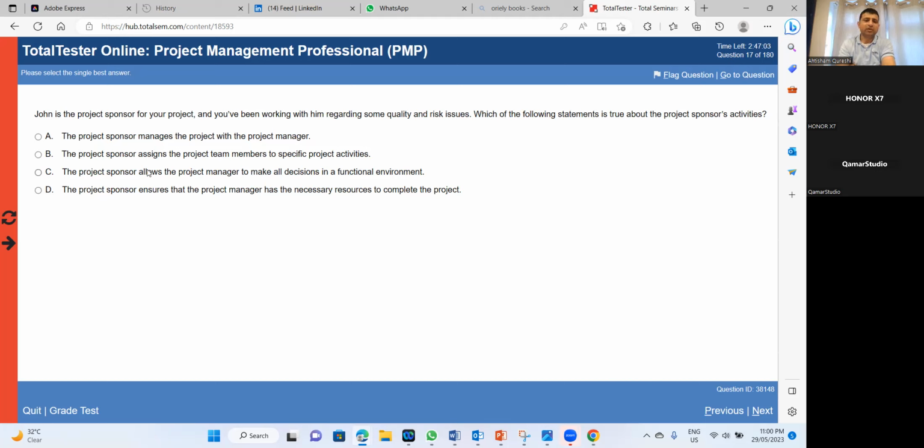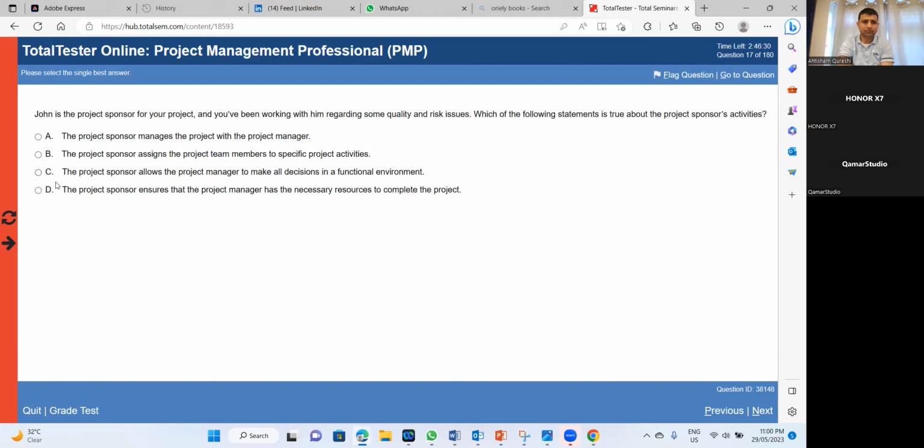No. C is itself illogical, because it means it's a functional environment, and they are saying the sponsor will allow the PM to make all the decisions in the functional environment. Whereas we know in a functional environment, the functional manager has the budget and the resources, so all the decisions are taken by the functional manager. It's not possible that a PM will take all the decisions, even if the sponsor allows it.